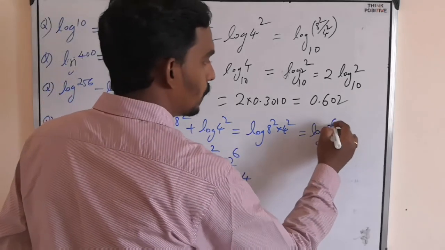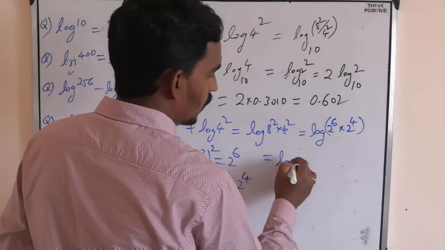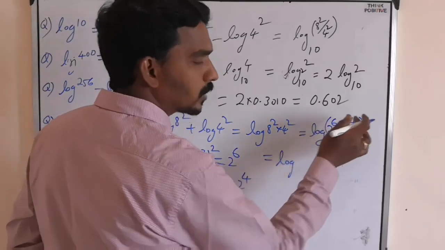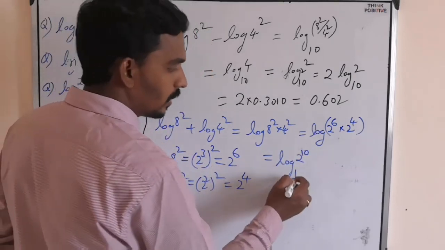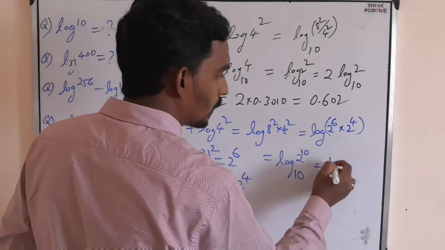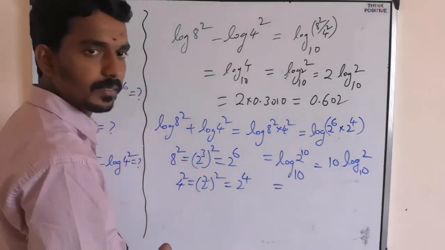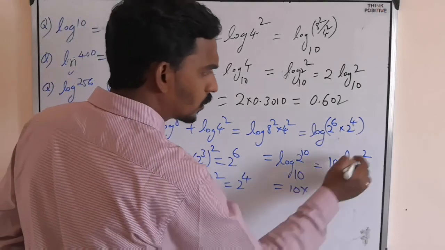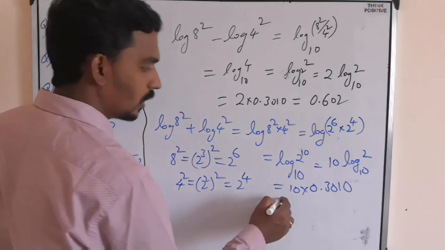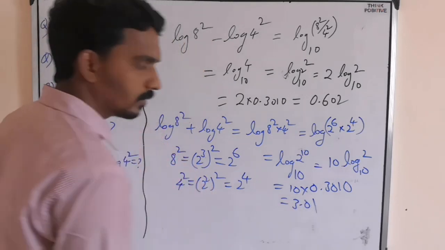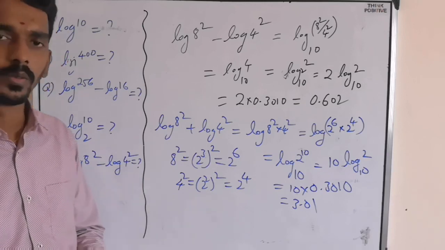So log of 2 power 6 into 2 power 4, using x power m times x power n, so 6 plus 4 is 10, base 10. The power becomes a multiplier, so 10 into log 2 base 10, which is 10 into 0.3010, that is 3.01. Such kinds of calculations you need to do.